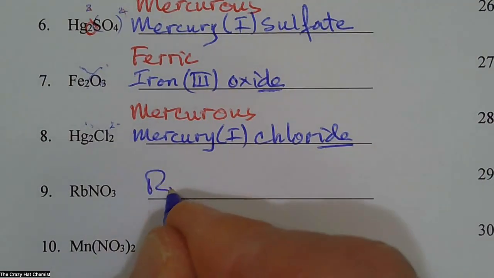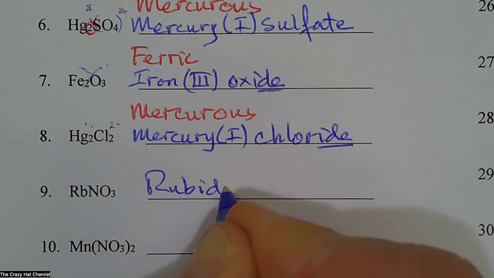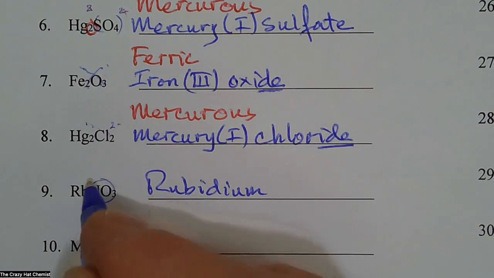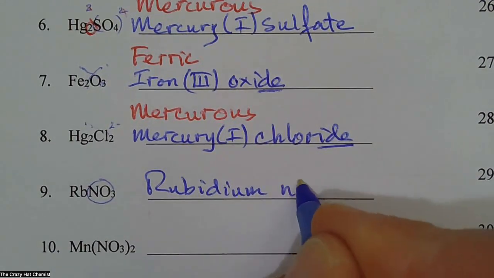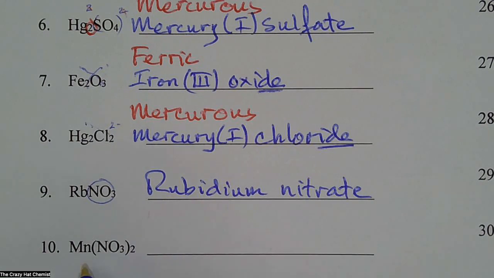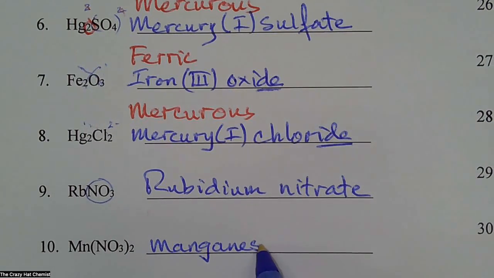All right, Rb is rubidium. That's just rubidium, just like it's on the periodic table. And NO3 is a polyatomic ion, that's nitrate. All right, fantastic. All right, the next one is manganese. Not magnesium.